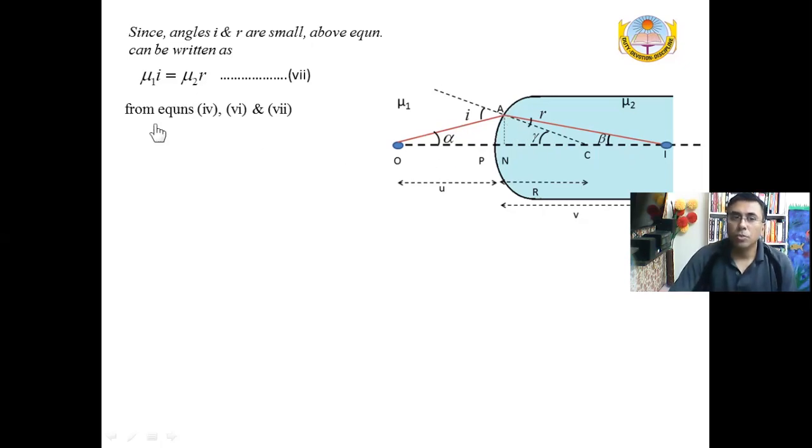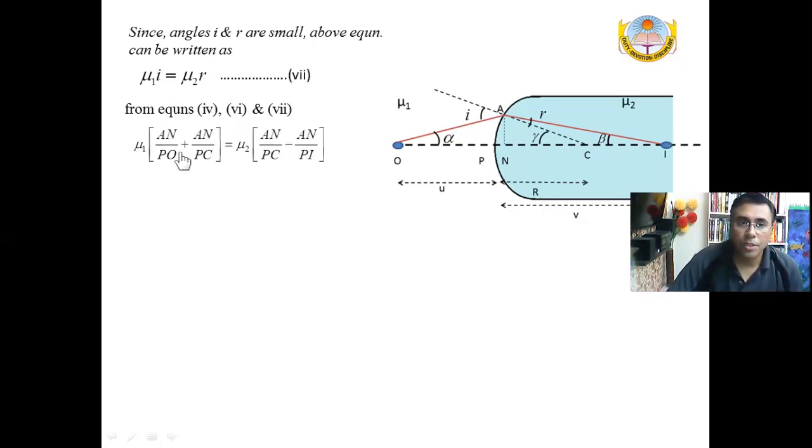So we combine 4 and 6 in this equation 7. And what we obtain is that instead of I, I am writing AN upon PO plus AN upon PC, and instead of R, I am writing AN upon PC minus AN upon PI. Now, if you see, AN is common, so all the ANs cancel. And when I multiply mu1 inside the bracket, I get this relation.